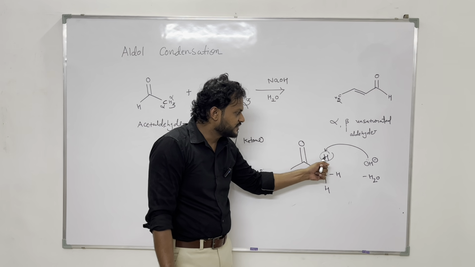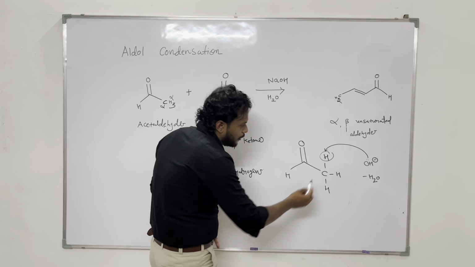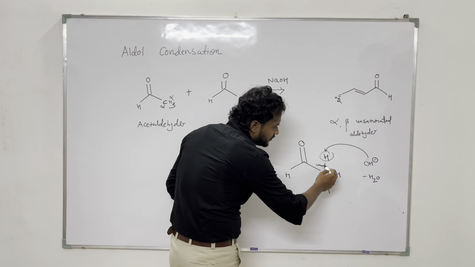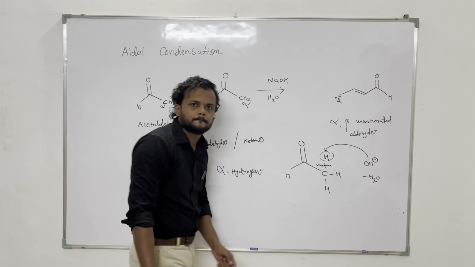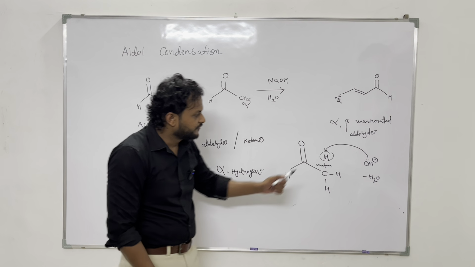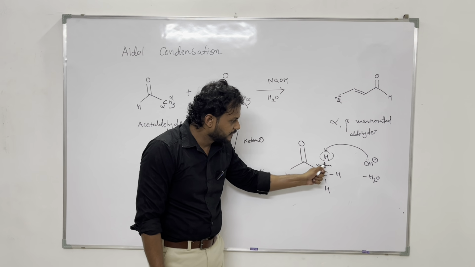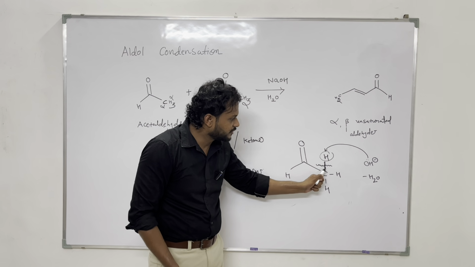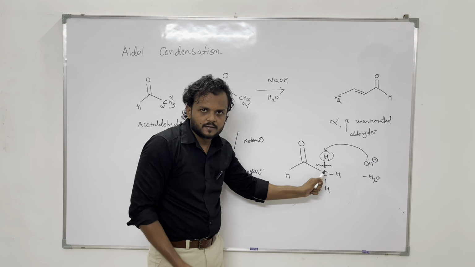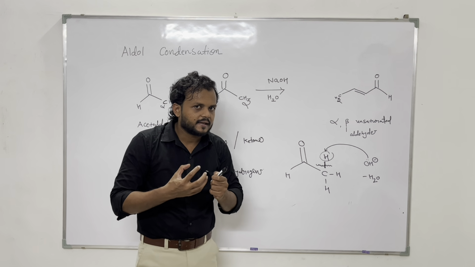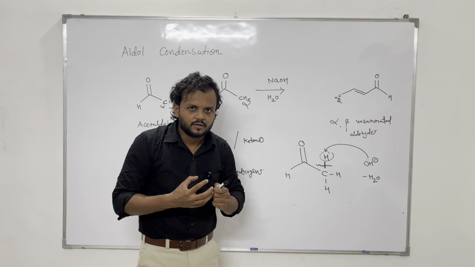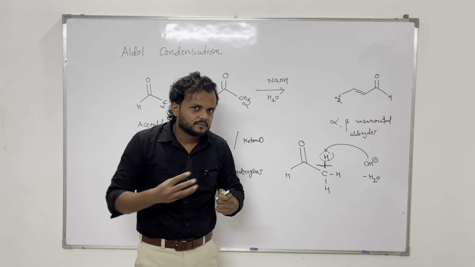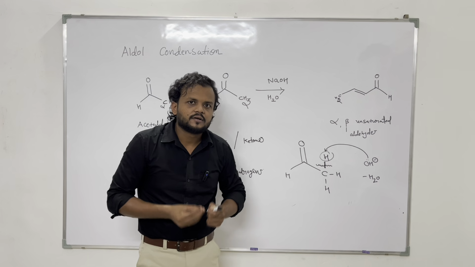and when this H leaves, the bond between carbon and hydrogen is going to break. The electrons of this bond go with carbon, because carbon is more electronegative than hydrogen. When the bond breaks, the more electronegative atom will retain the electrons.